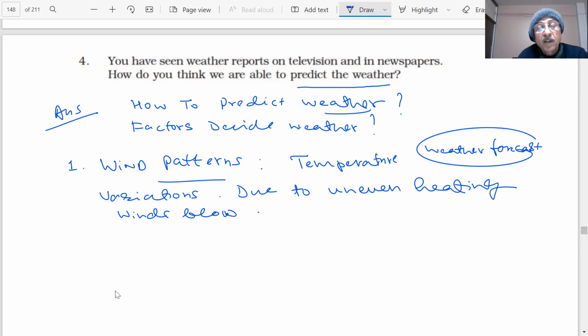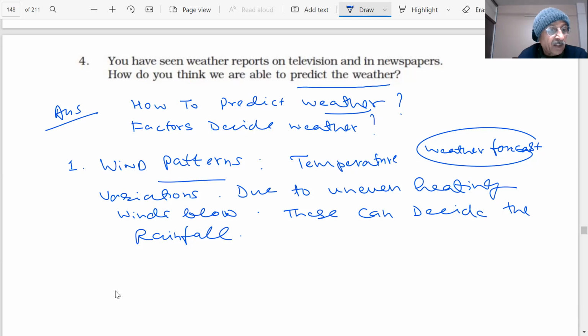And these wind patterns can decide, student, rainfall. Rainfall can be decided by the wind patterns.